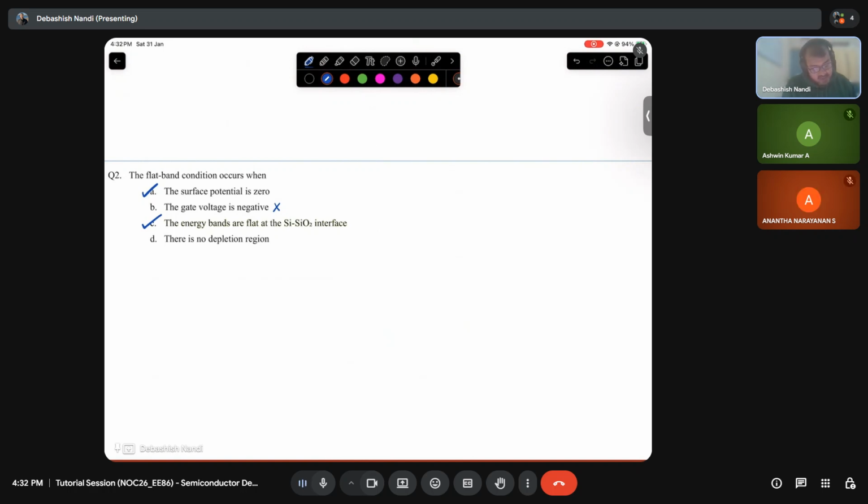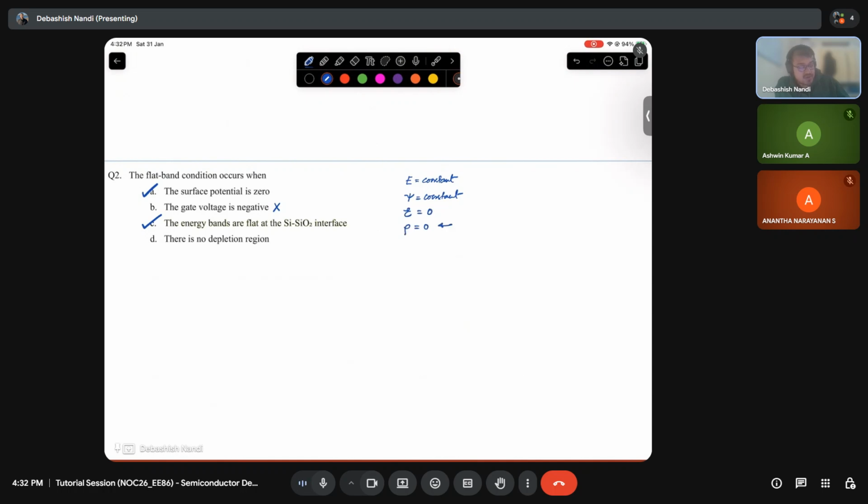The next part is: there is no depletion region. In case of flat band condition, will we have a depletion region? What is the charge inside the semiconductor in flat band? E is constant, that means my psi is constant. E is zero, rho is zero.